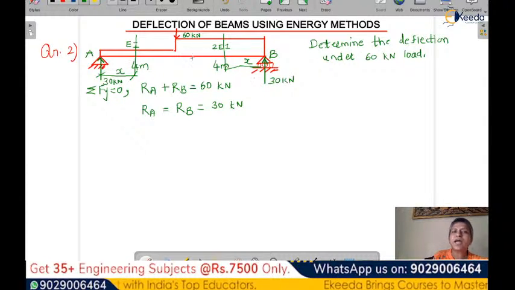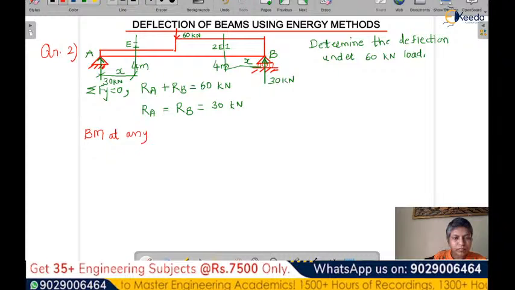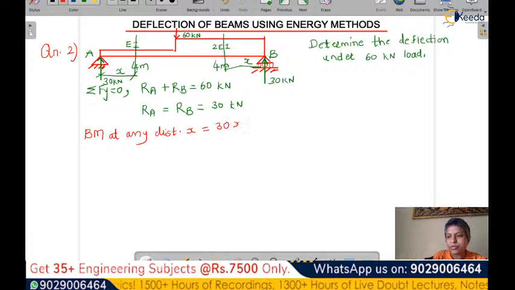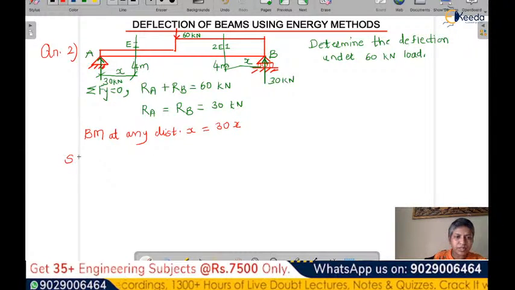So any one side we can start our calculation. So here our moment at any distance x will be equal to 30 into x. Now let us use the strain energy equation. So what is the strain energy equation?